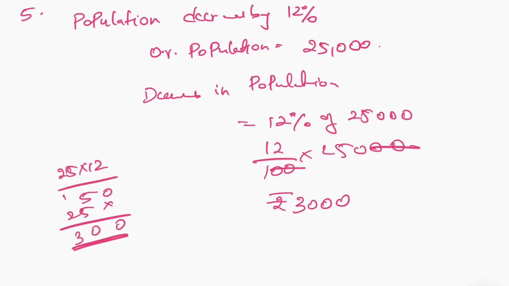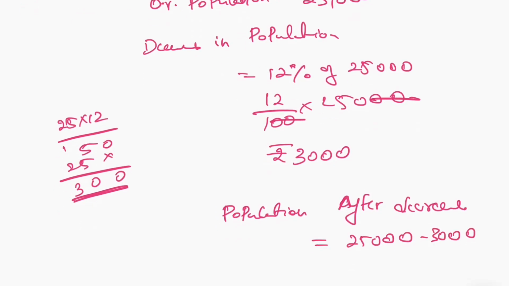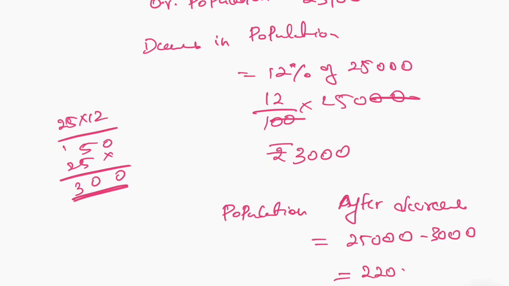The decrease in population is 3,000. So the population after decrease will be equal to 25,000 minus 3,000, that is equal to 22,000. Okay, hope it's clear to you children.